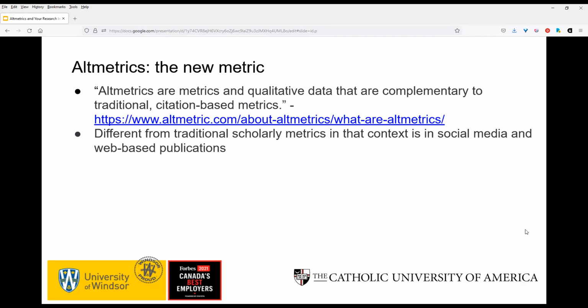They're different from traditional scholarly metrics in that the context of these is explicitly internet based, right? They typically use social media, online news, other qualitative mention review websites in calculating the impact of a particular story.